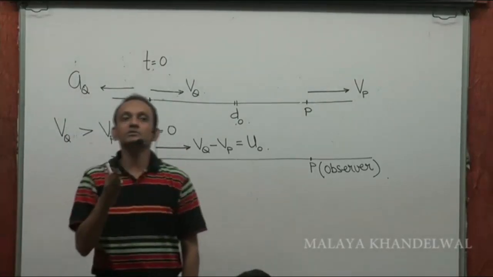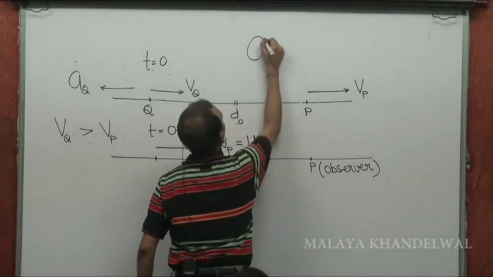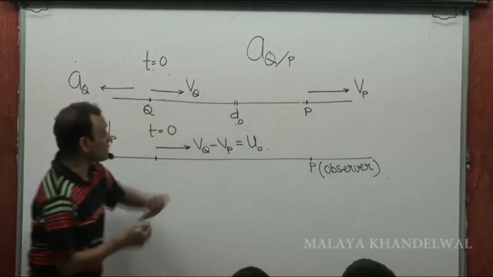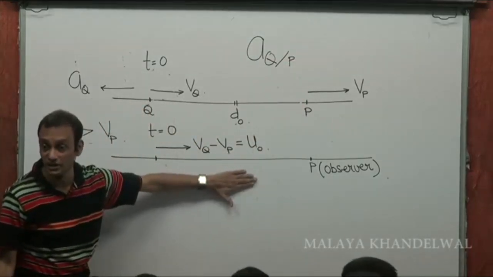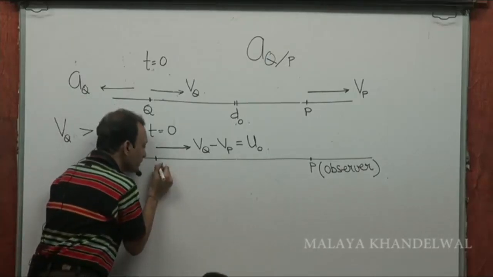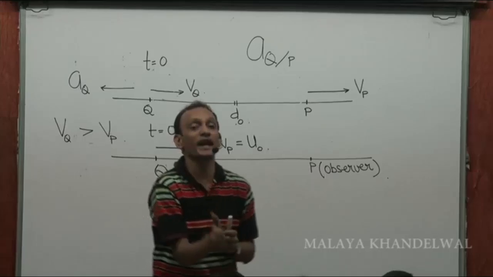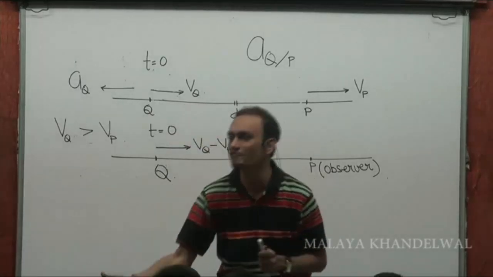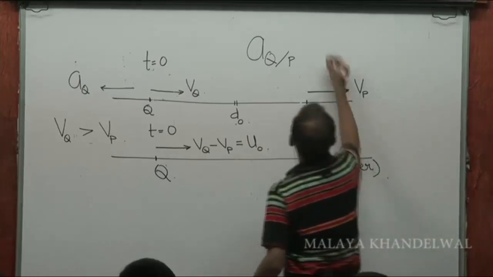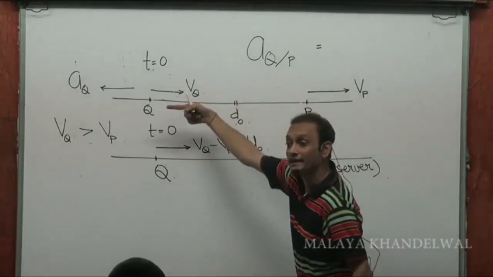Now, acceleration of Q as seen by P. That means the acceleration in this revised situation. That means relative acceleration of Q with respect to P. That's going to be acceleration of Q minus acceleration of P. Now, I'm taking everything rightward positive, everything leftward negative.